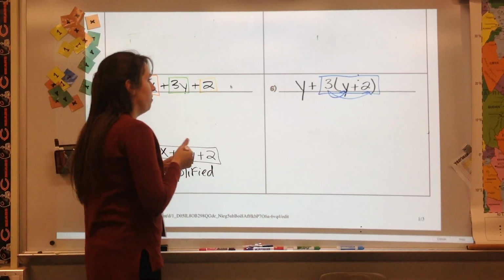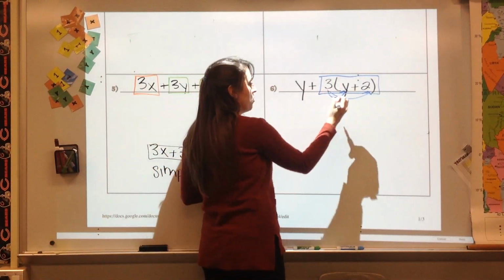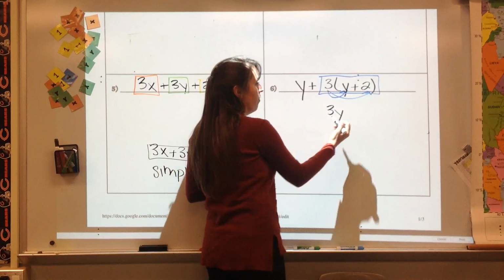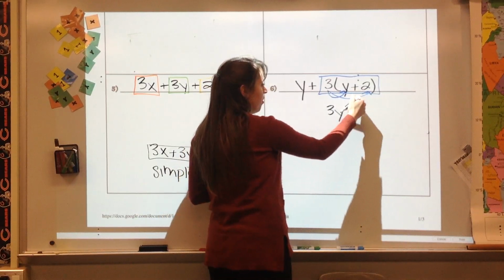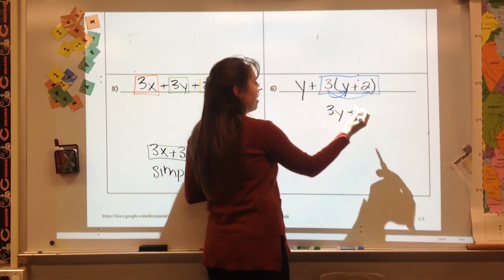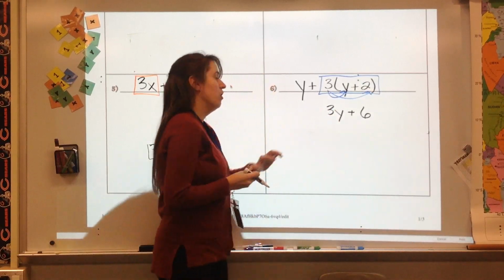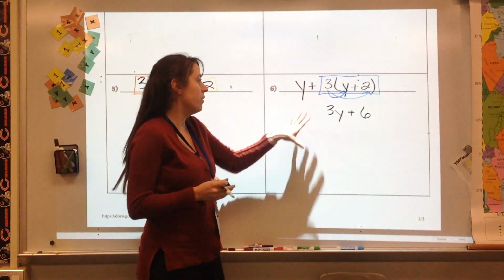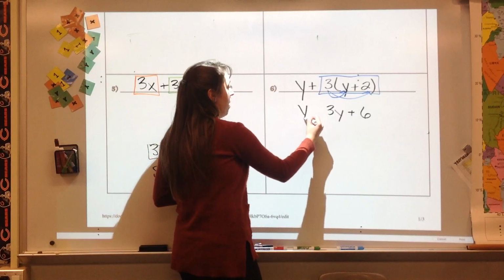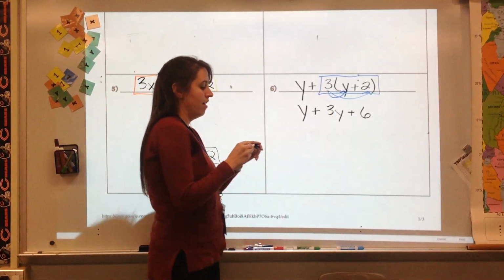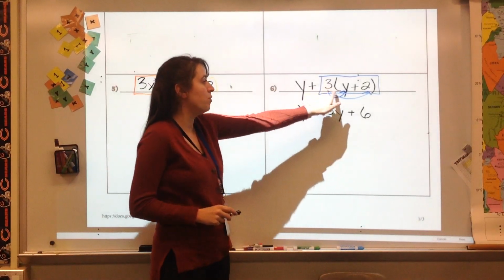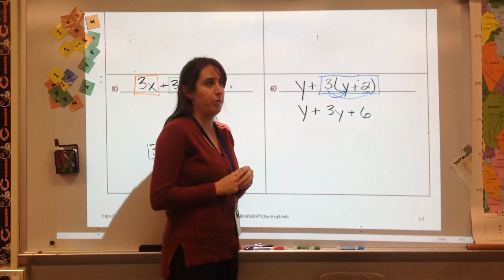So remember, when we distribute, 3 times y is 3y, plus, bring down your plus sign, 3 times 2 is 6. So we got rid of our parentheses, now we're going to bring anything else down. So I'm going to bring down my y and my plus. I don't need to bring down the 3 because we already included that when we distributed.